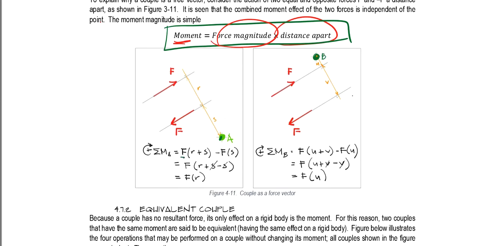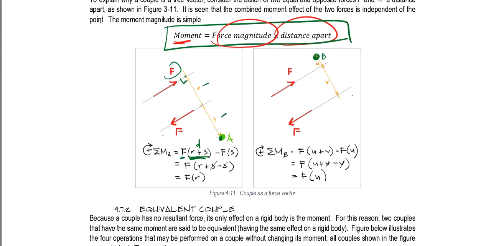So we have here the force times the perpendicular distance from point A up to this force. So we have R plus S. This is the perpendicular distance of this force to this point.